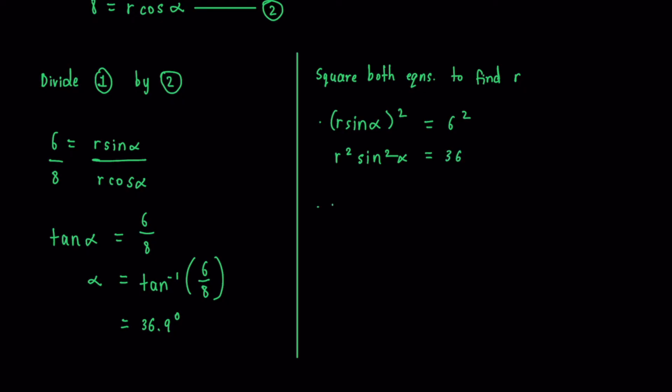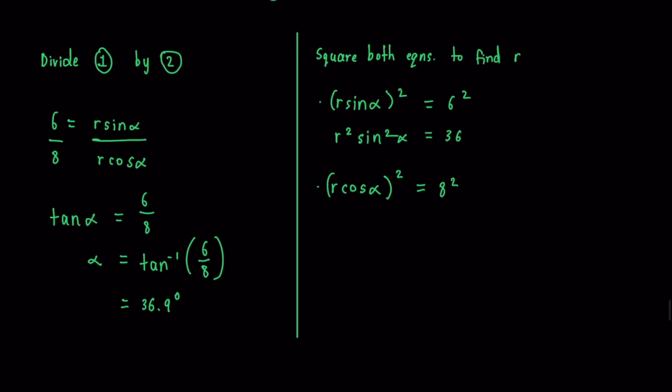And the second one, r cos alpha, all squared is equal to 8 squared. I don't know why I keep saying theta and alpha interchangeably. Don't make that mistake, please. That's my bad. So r squared cos squared alpha is equal to, and 8 multiplied by 8 is 64.